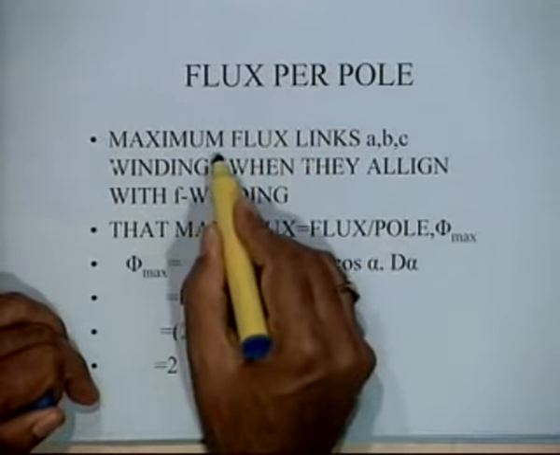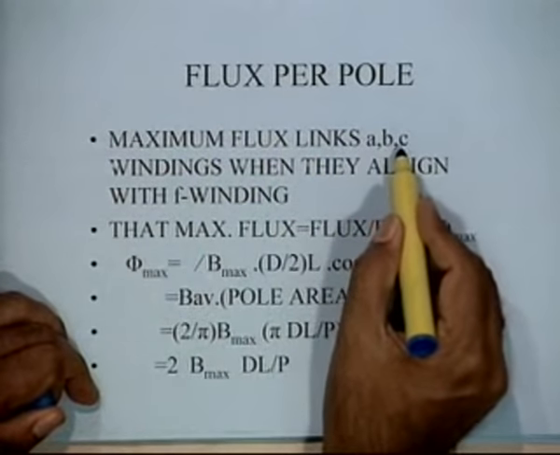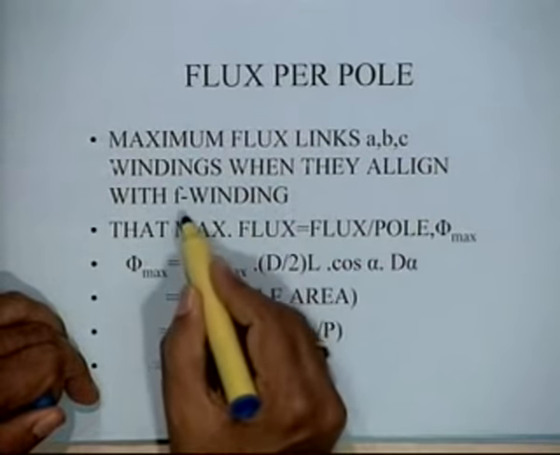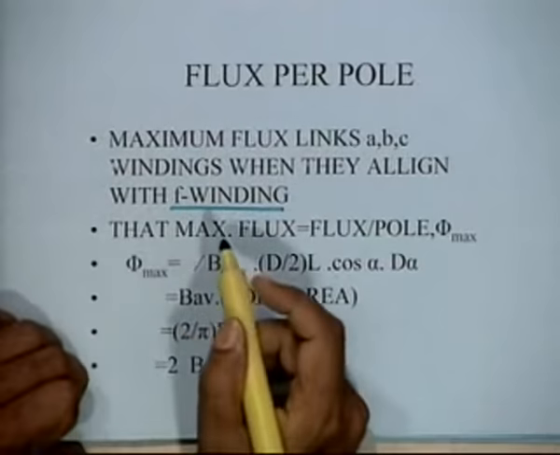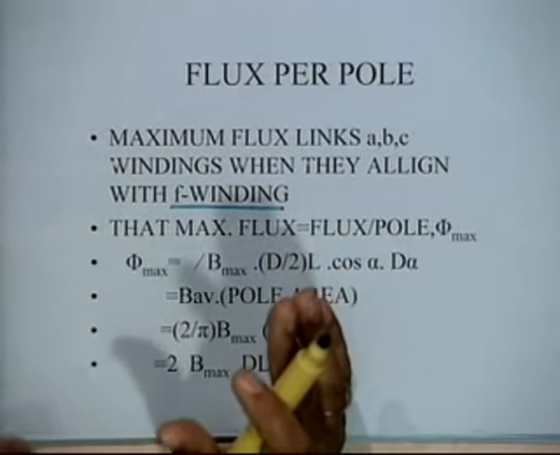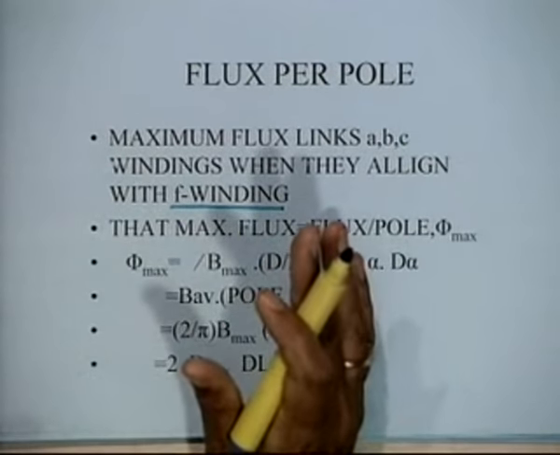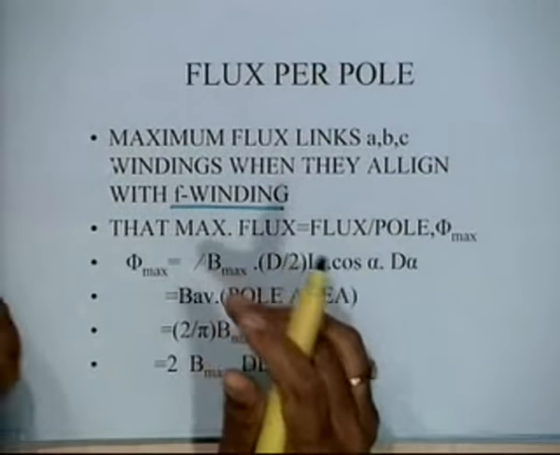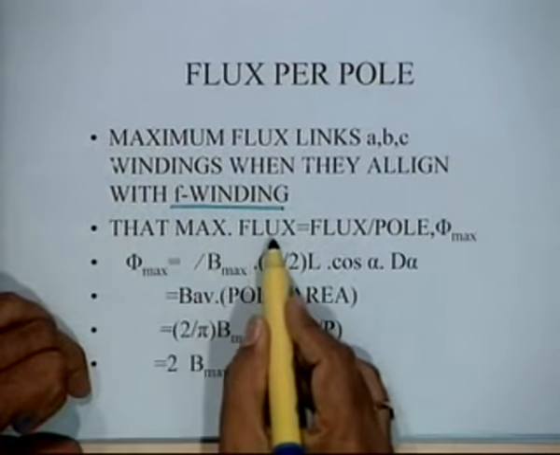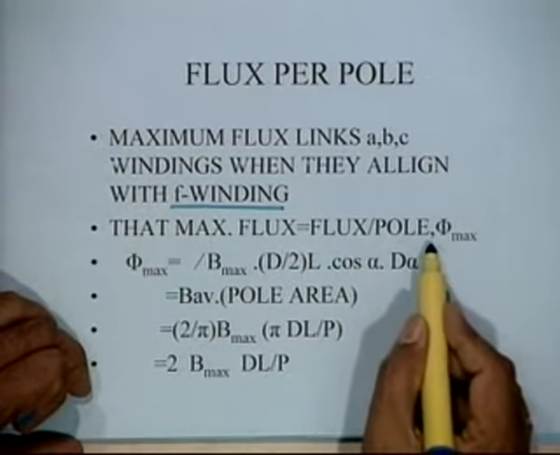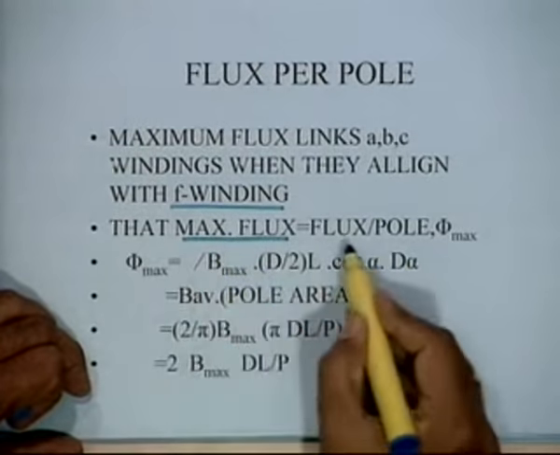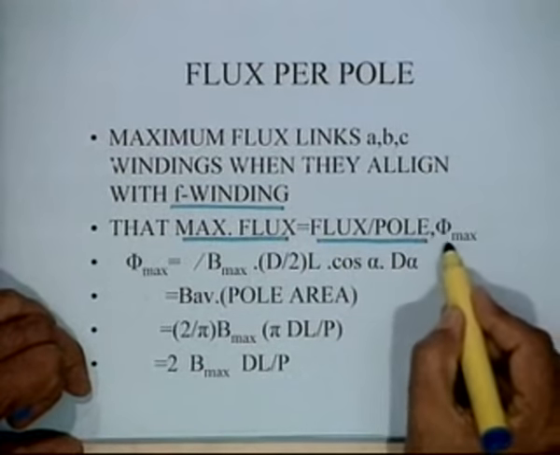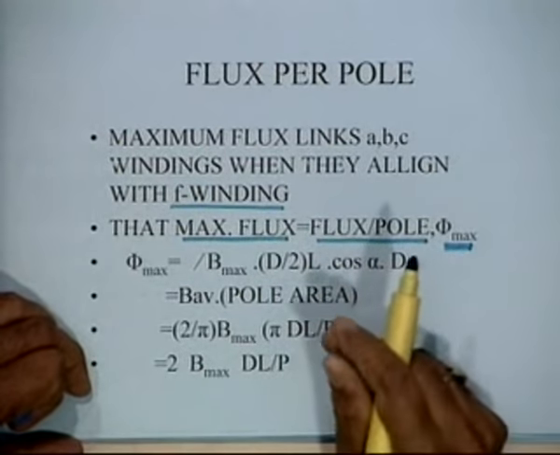Now, maximum flux links the A, B, C windings when they align with the F winding. This is what we have already seen. And what is that maximum flux? That maximum flux is nothing but the flux per pole, which we call phi max.